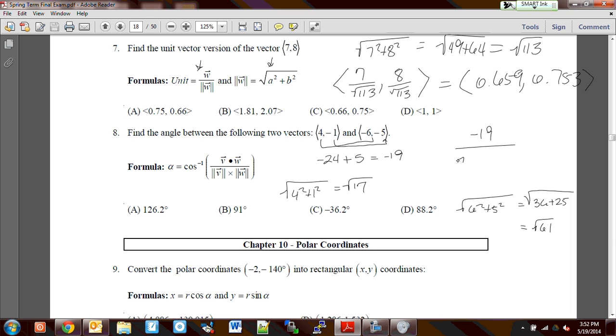Alright, so now this is going to be the square root of 17 times the square root of 61. So altogether it's going to be negative 19 over 32.202. And now we're just going to do the inverse cosine of this here.